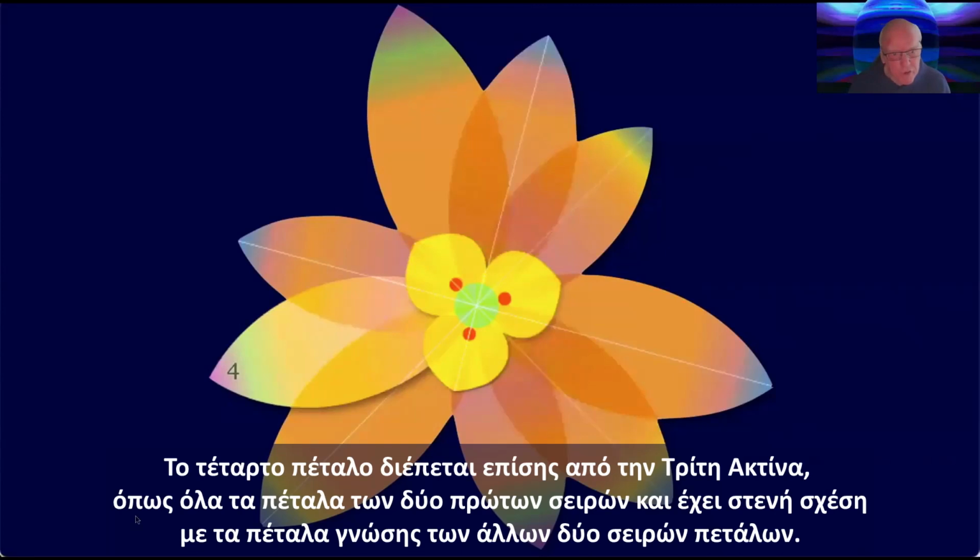The fourth petal is also ruled by the third ray, as are all the petals of the first two tiers. Important point: all the petals of the first two tiers are ruled primarily by the third ray, and this has a close association with the knowledge petals of the other two tiers of petals.